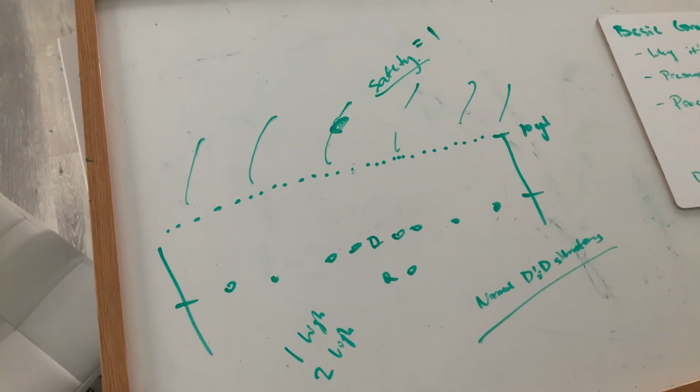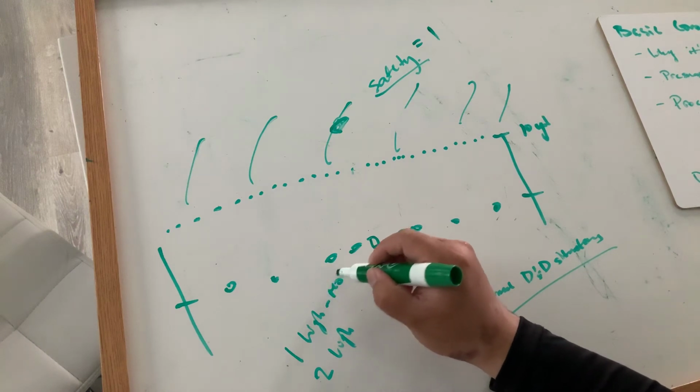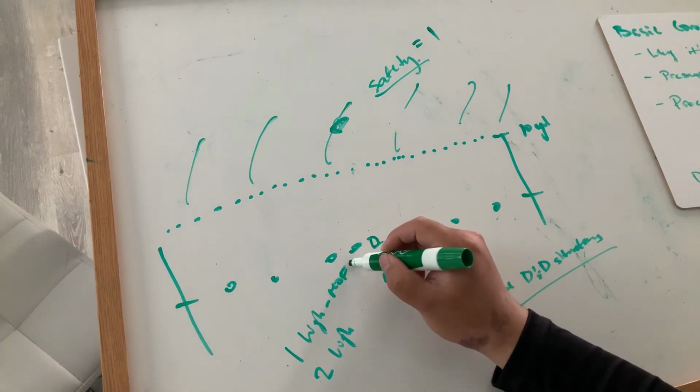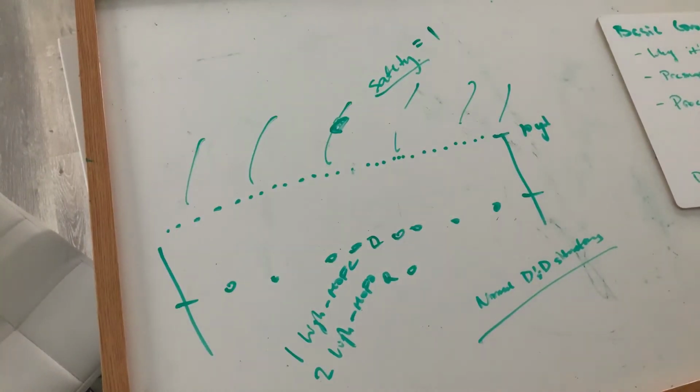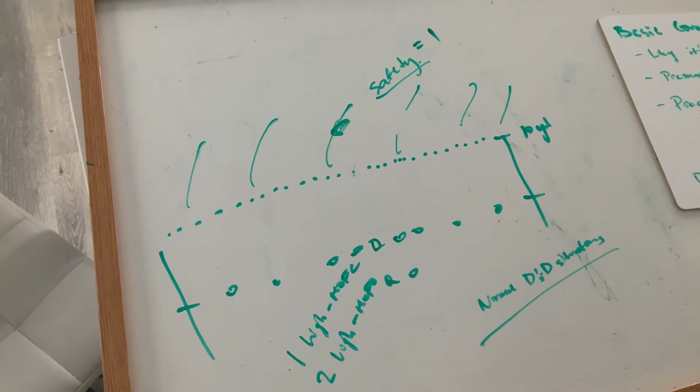But a lot of other people use football terms like MOFC and MOFO. What do MOFC and MOFO mean? MOFC means middle of the field closed, and MOFO means middle of the field open.